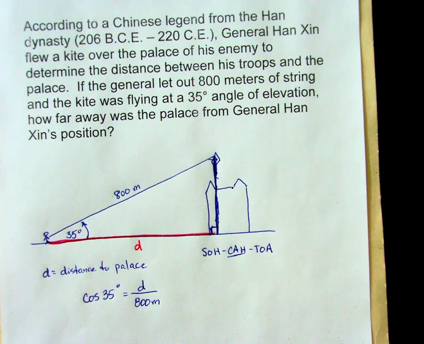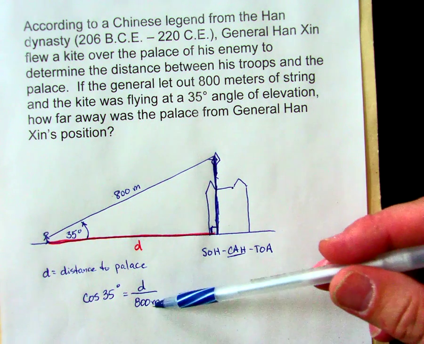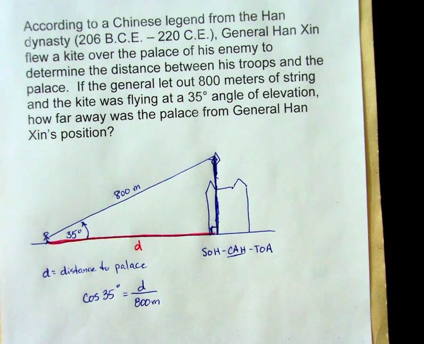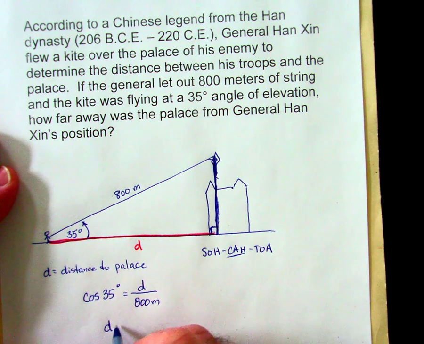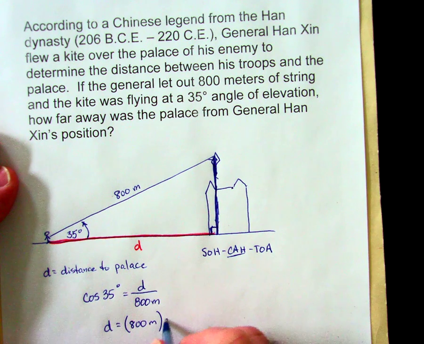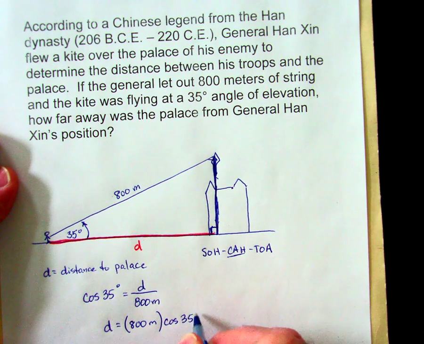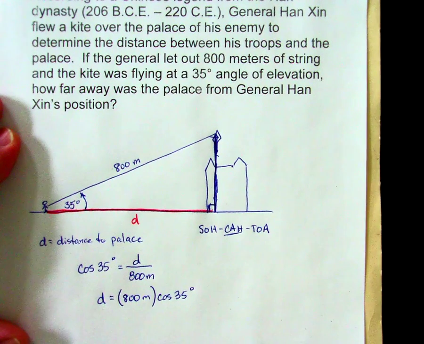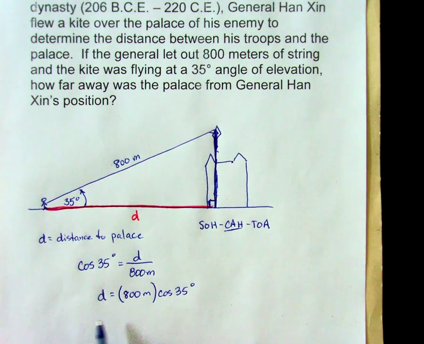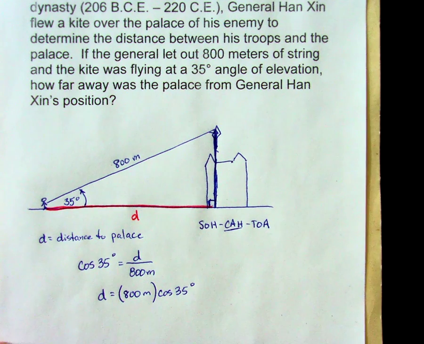Now, that equation is not solved for our variable yet. Notice we have d divided by 800 meters. Well, to undo division, we multiply. So if I multiply both sides by 800 meters, our equation becomes d equals 800 meters times the cosine of 35 degrees. Now that equation has been solved algebraically for the variable. The variable is all by itself, equaling everything on this side.